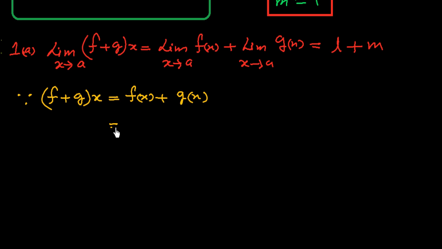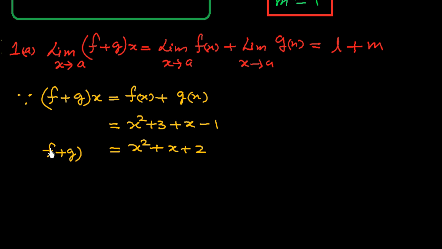So f(x) is x square plus 3 and g(x) is x minus 1, which we have taken. It is x square plus x, and 3 minus 1 is 2. So this is our function (f plus g)(x). So now we have the function.